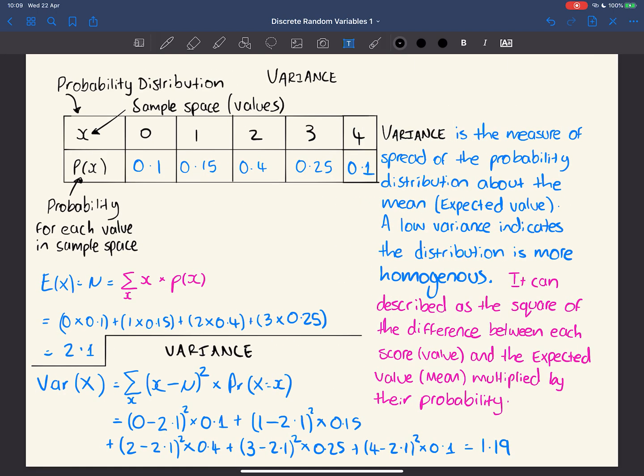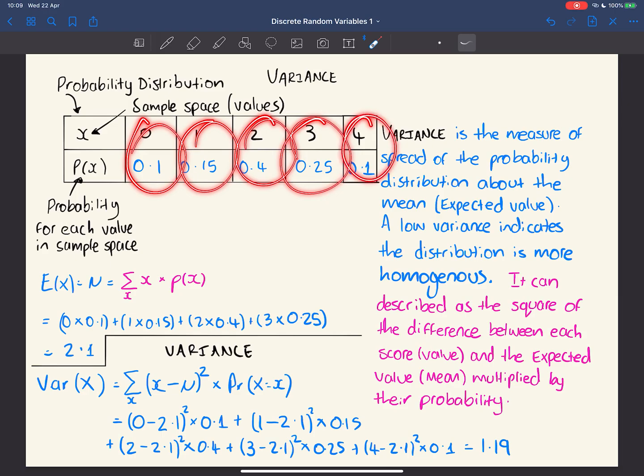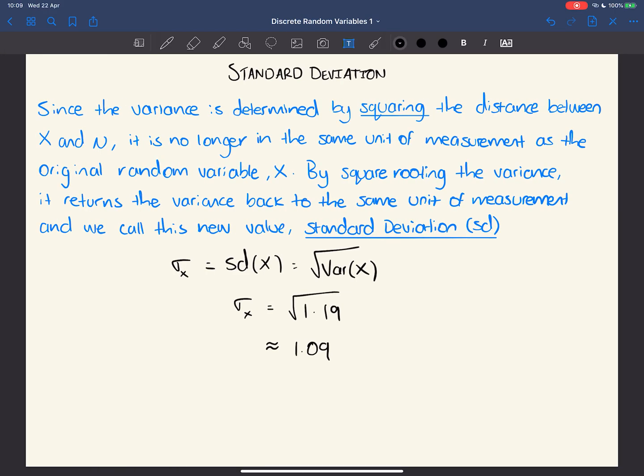Well, 1.09 is a measure of the distance, in the number of workouts per week, between each of these values and the mean, right? So we've put it back into context now. Our next video will be an example showing you a real life scenario.